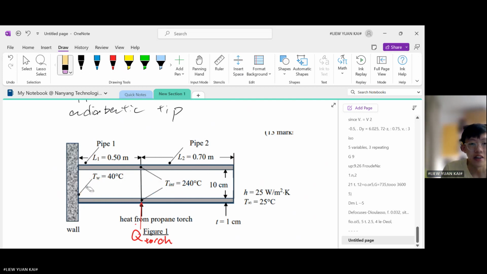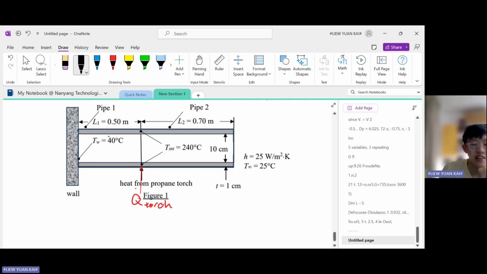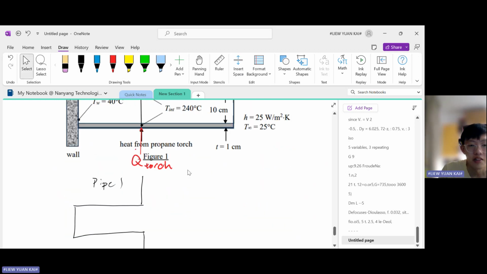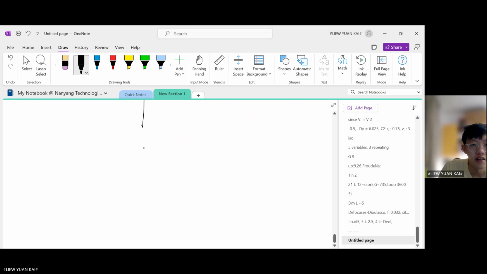So how did I visualize it? I visualize it like this. Pipe 1 is like this. So this is pipe 1. And pipe 2 is like this.